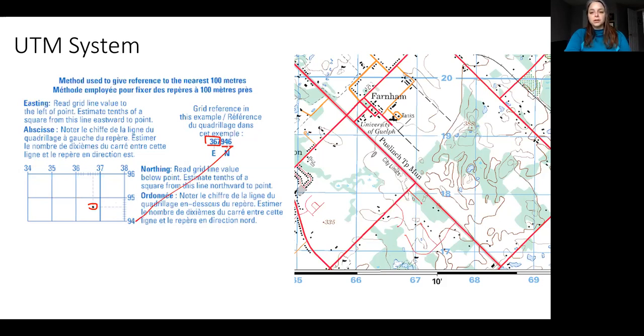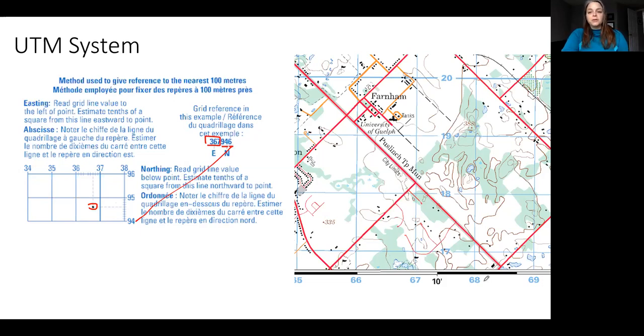So if we just take a little clip from our map here, which I've got in the slide, we've got our northings outlined here, and that's 18, 19, this one's 20, this one's 17, and then our eastings across the bottom here are 66, 67, 68. So you guys can read numbers, hopefully you're pretty good.